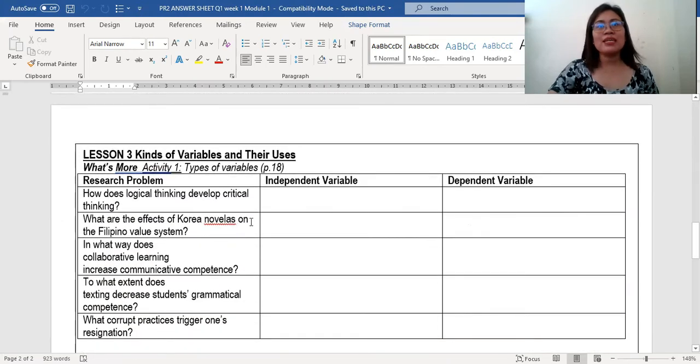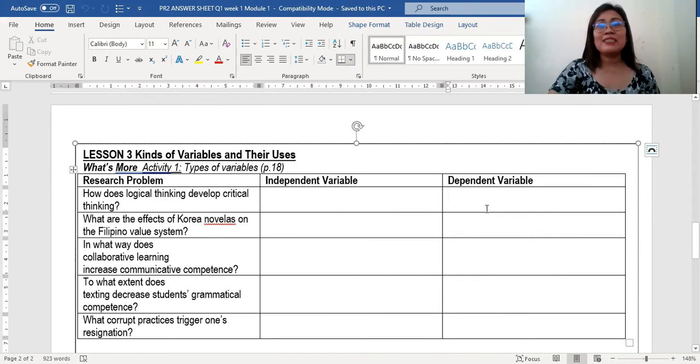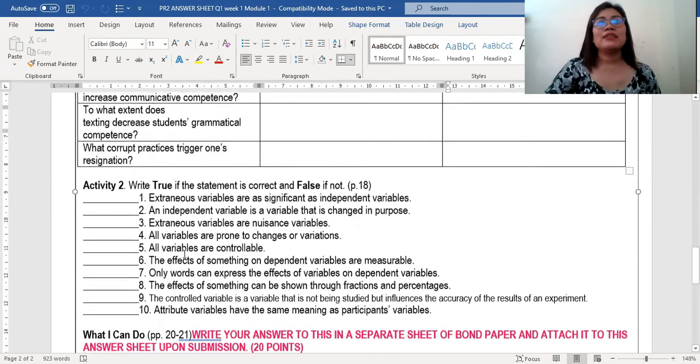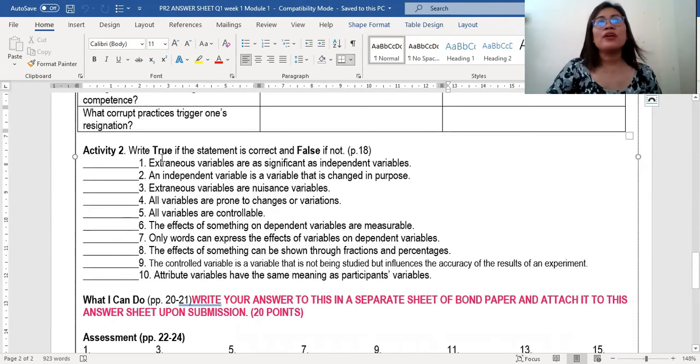For lesson 3, kinds of variables and their uses, you'll have to write in here the independent variable and the dependent variable. Okay, so you just have to write down what you think are the variables needed, as well as for activity 2.